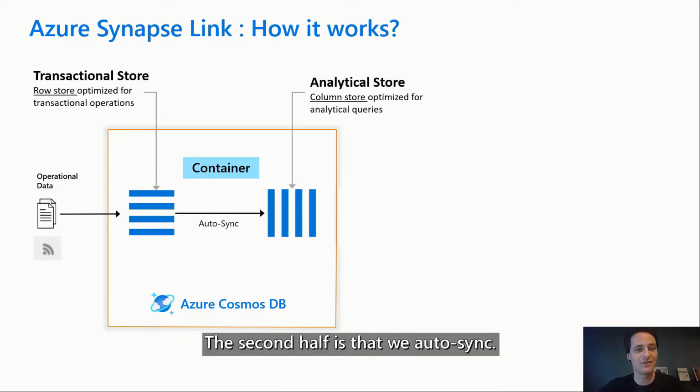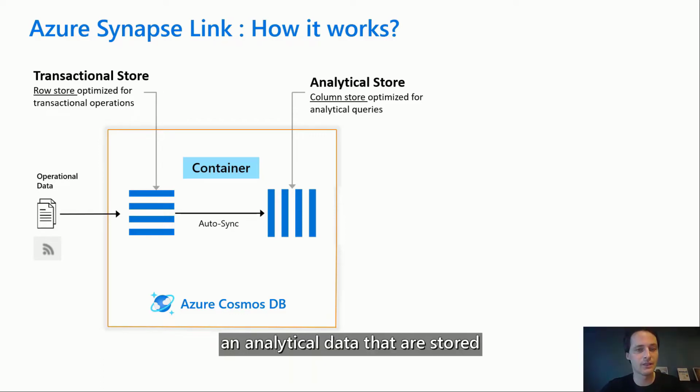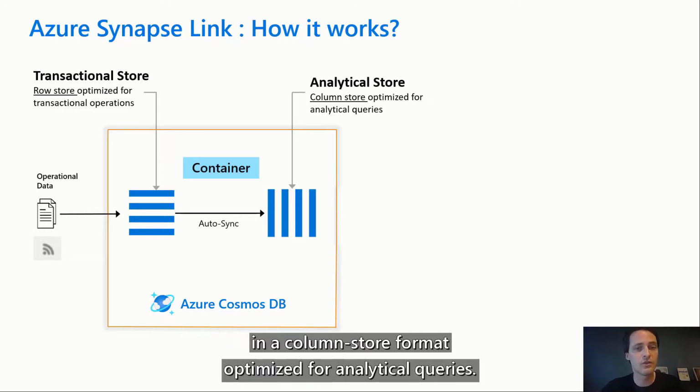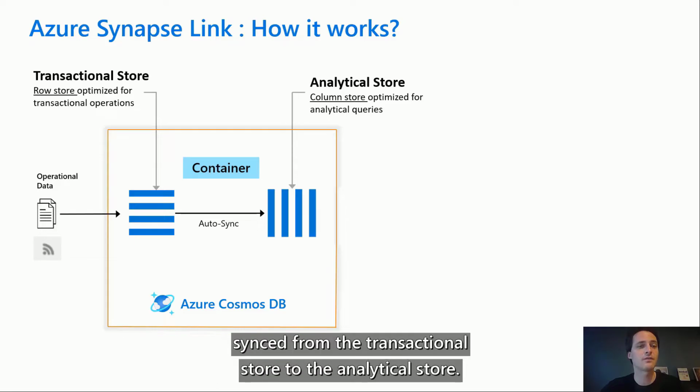The second half is that we autosync, we mirror this transactional data into analytical data that is stored in a column store format optimized for analytical queries. It takes minutes to get this data synced from the transactional store to the analytical store.